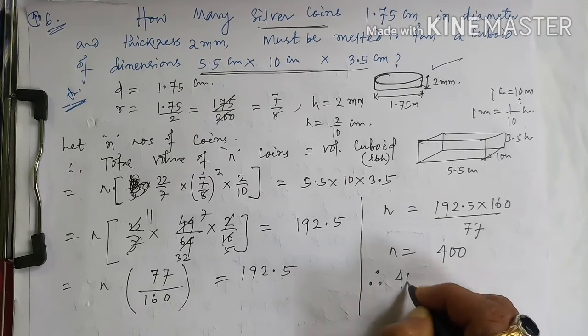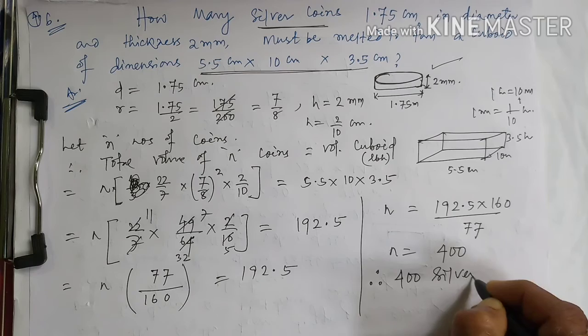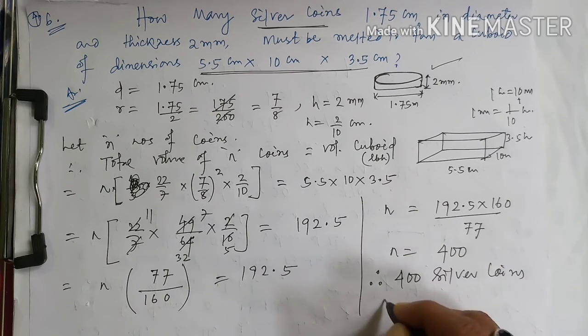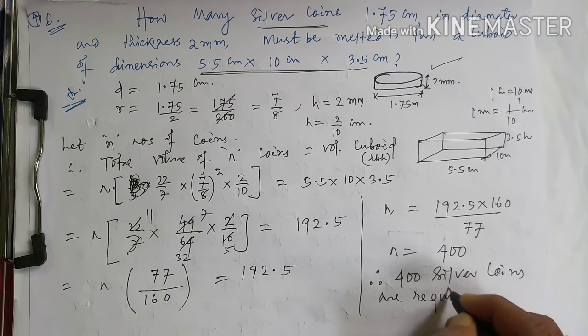Therefore 400 silver coins are required.